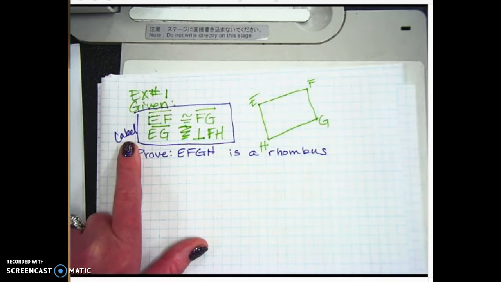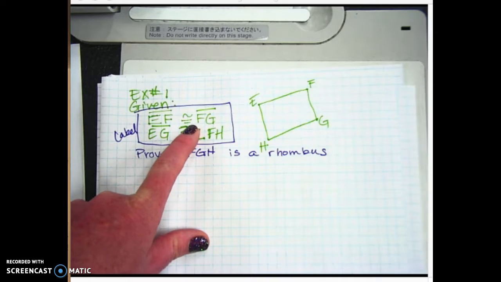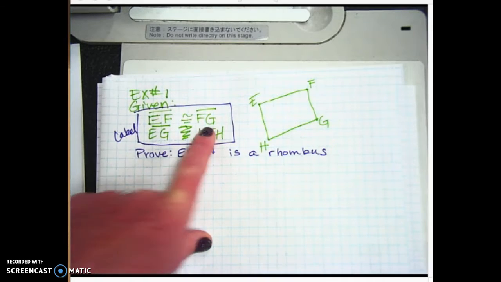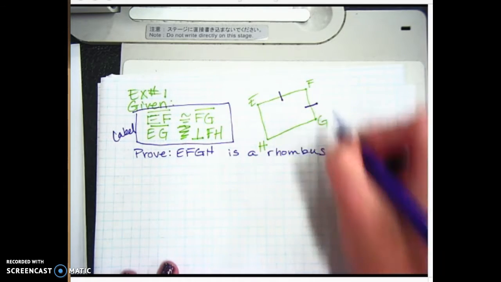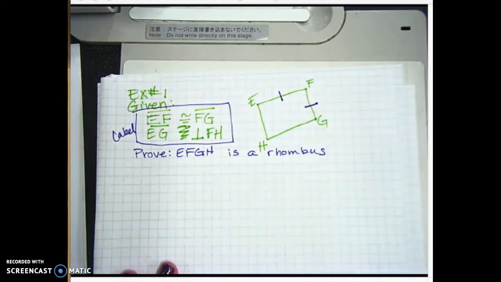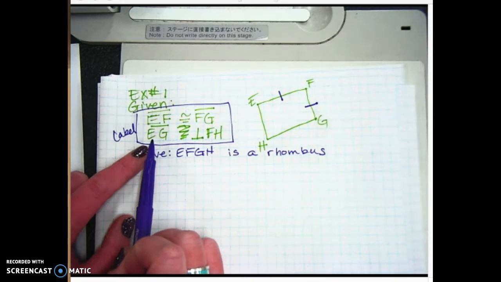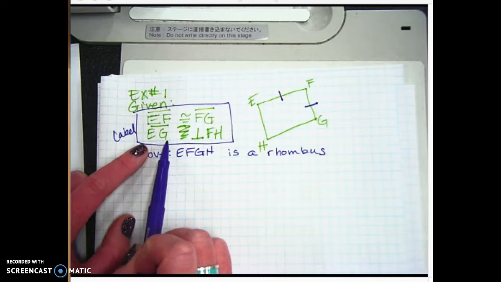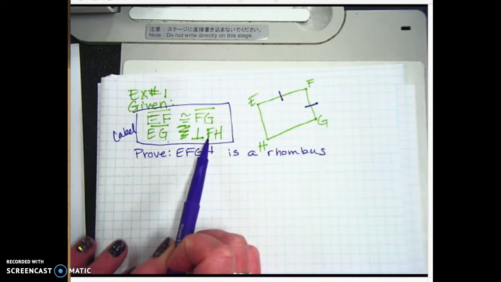So if the given information is that EF is congruent to FG, we're going to go over to EF and FG and put tick marks. Okay, not carrots, but tick marks. And then the other piece of information is that EG is perpendicular to FH.